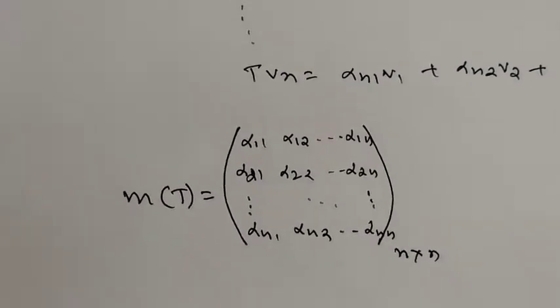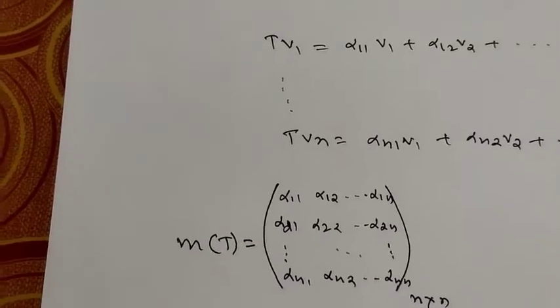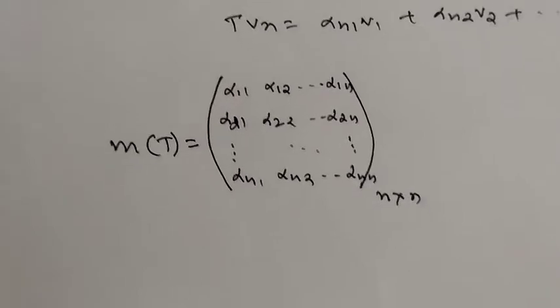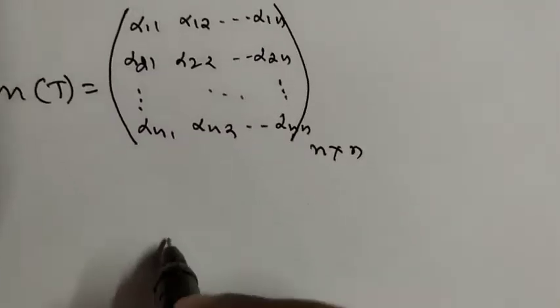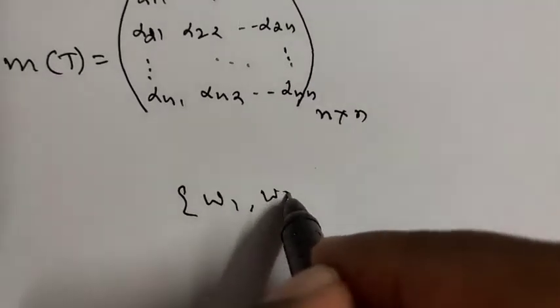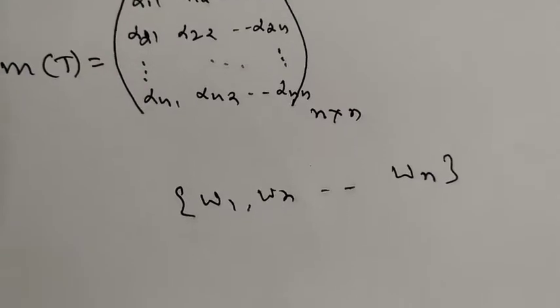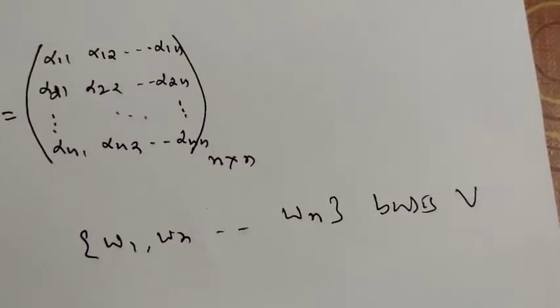Now we have discussed that a vector space may have more than one set of basis elements. Say here V1, V2, etc., Vn is a basis. So suppose I take W1, W2, etc., Wn as another set of basis elements for the vector space V itself.